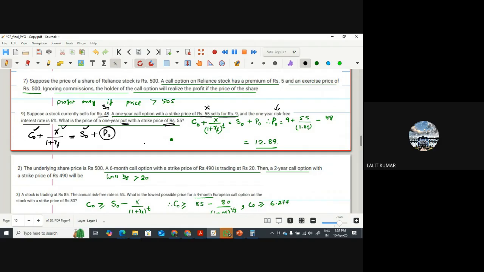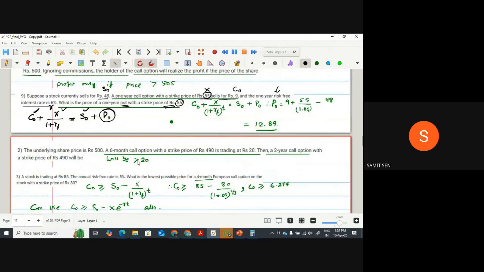This is R. This is C0. And the strike rate is the same. That's why this parity formula holds good. So we always bring the exercise price to the present value to equate that.